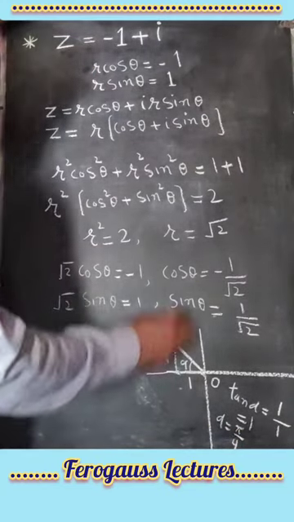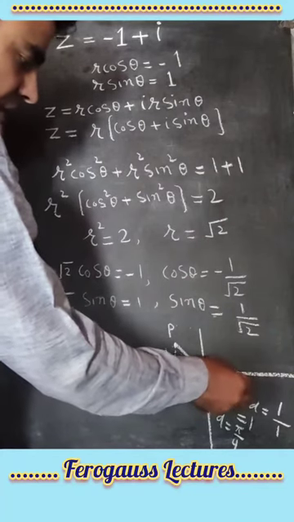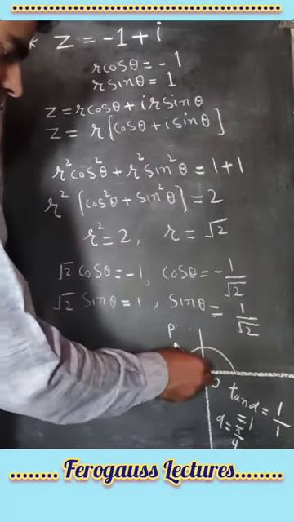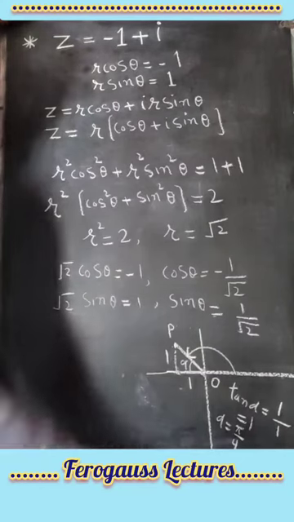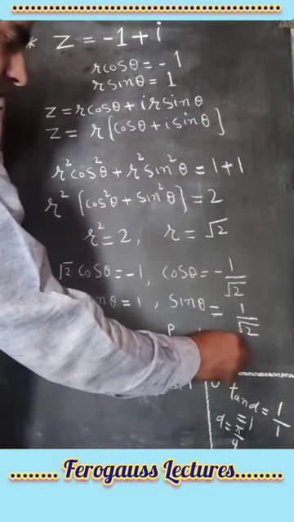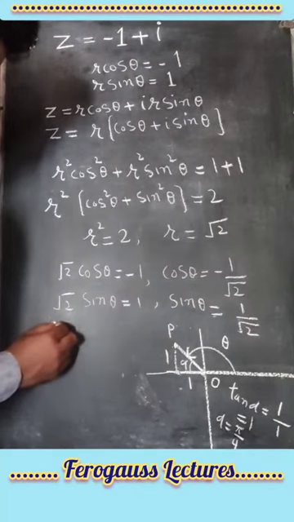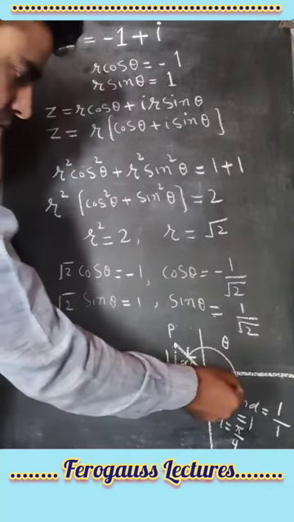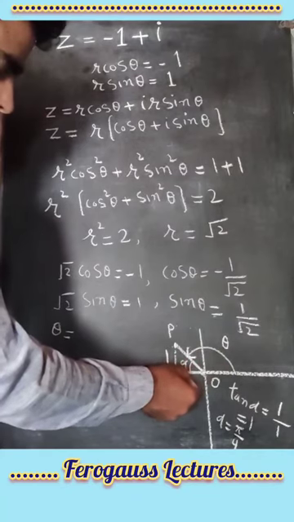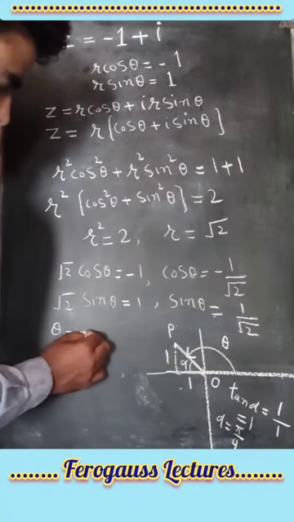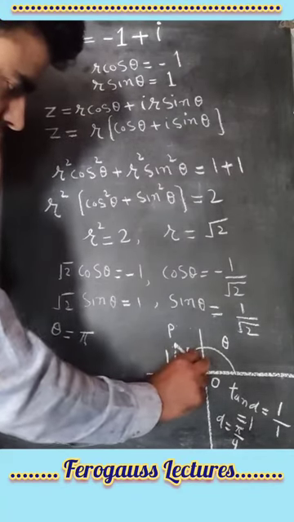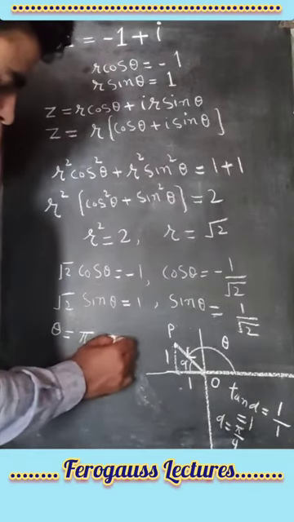Now we have to find theta. That means we have to find this angle, theta. So theta is equal to the whole angle, that is pi, minus this angle, that is pi by 4.